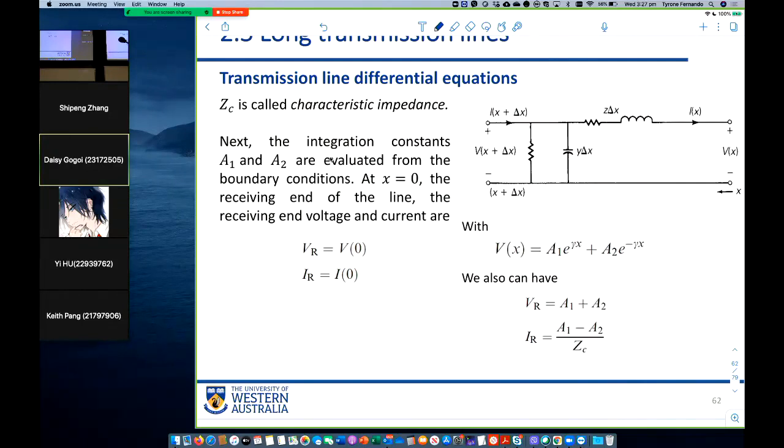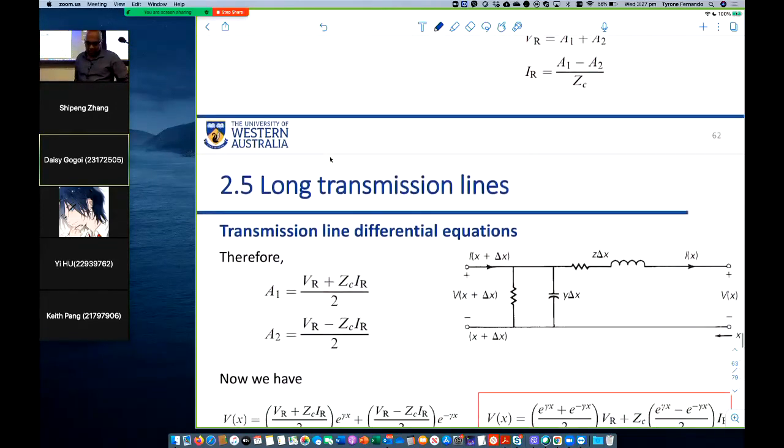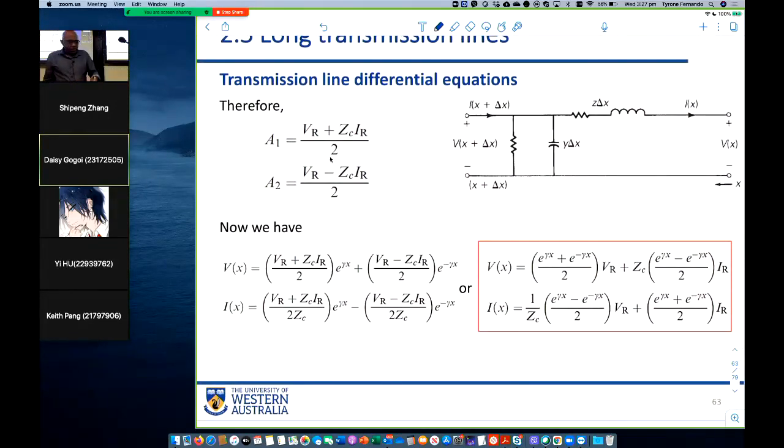And if you solve for A1 and A2 in terms of VR, IR, which are initial conditions, and ZC, something that we know, characteristic impedance, we get this for A1 and A2. A simple solution which you can do. So what is now the expression for Vx?